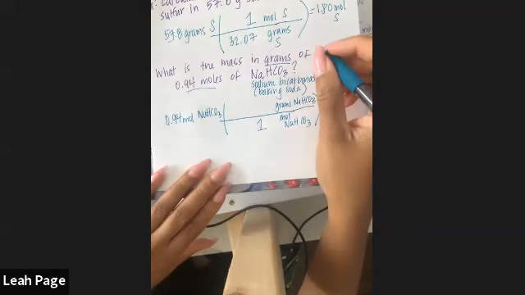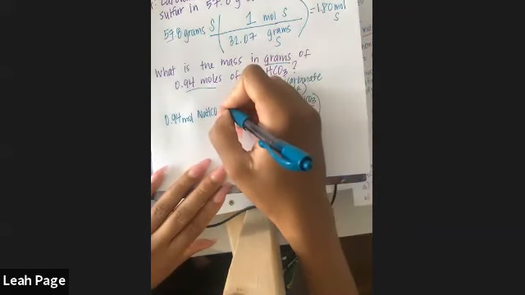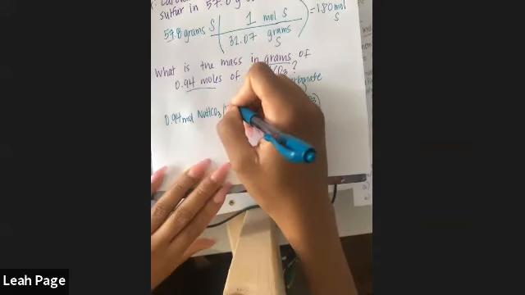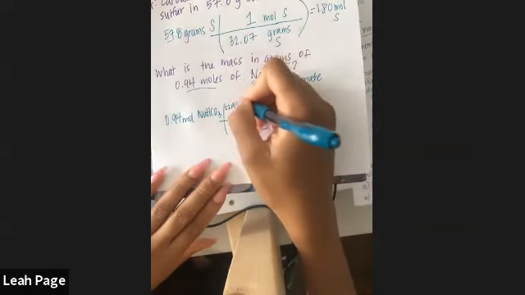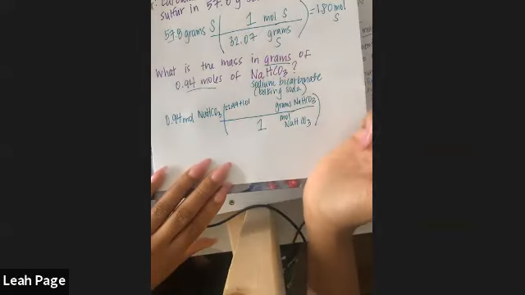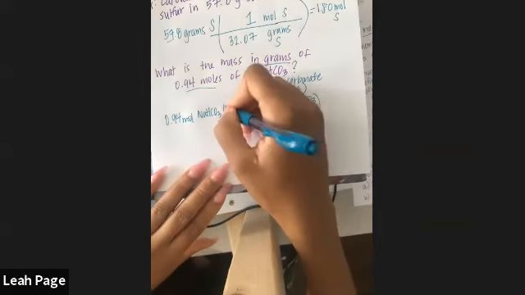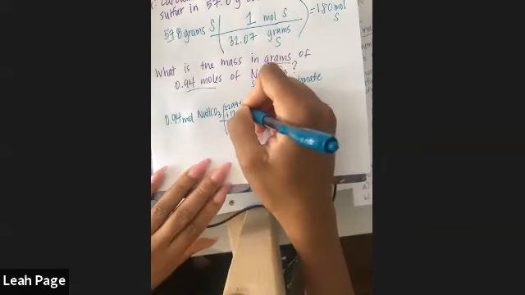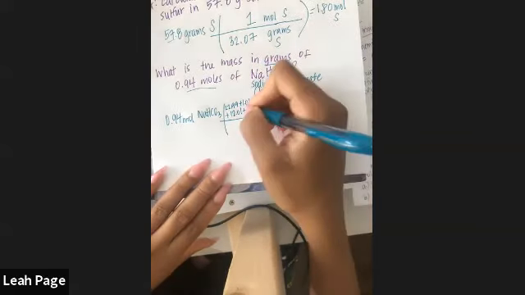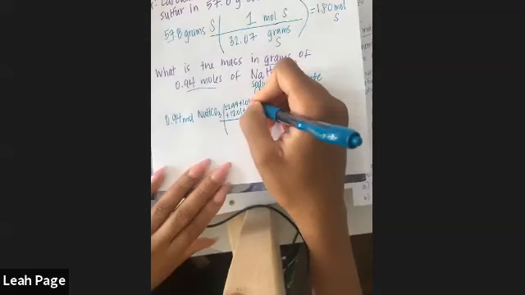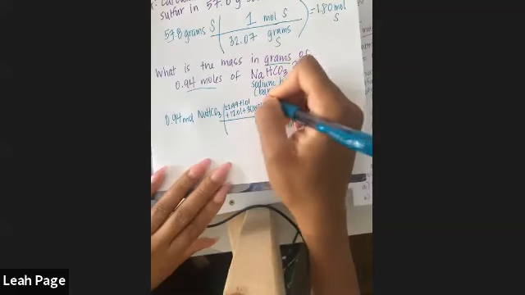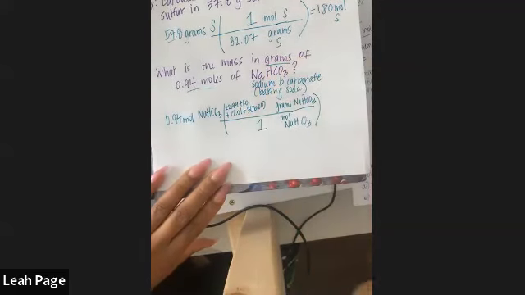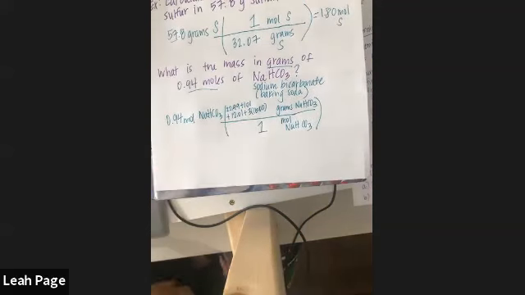So when we look on our periodic table, sodium is technically 22.99 plus hydrogen is 1.01 plus carbon is 12.01 plus 3 times oxygen, which is 16.00. So we have to add all that up first and get a number.